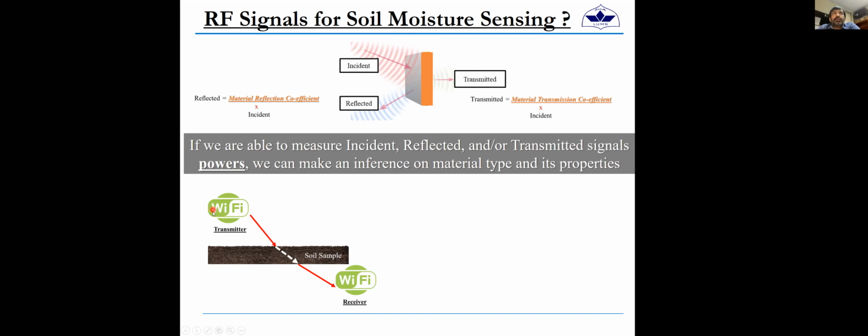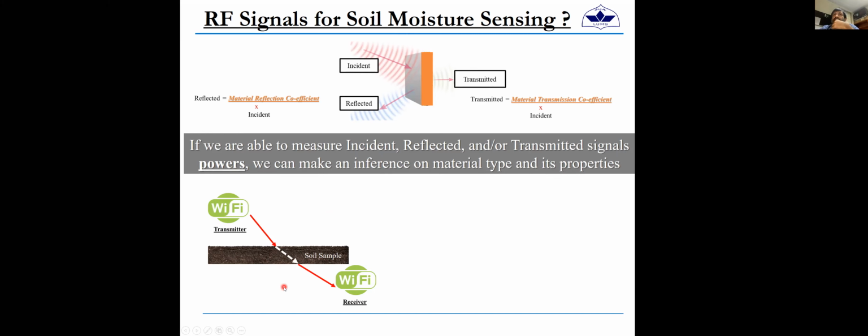On the transmitter end you will compute the power of the transmitted signal. You know these two powers. You can say what is the physical property, for example soil moisture content of this soil sample. But the issue is, in this setup you have to put the receiver below the soil sample.